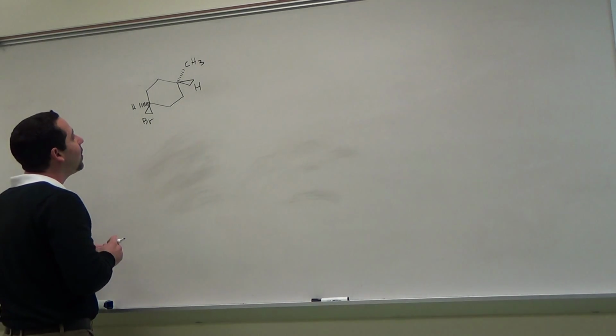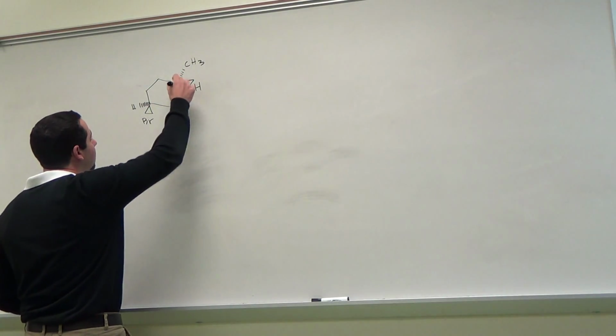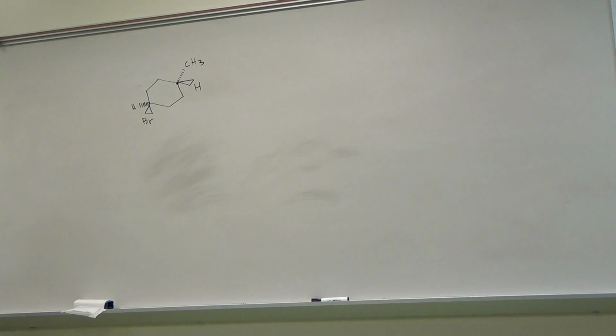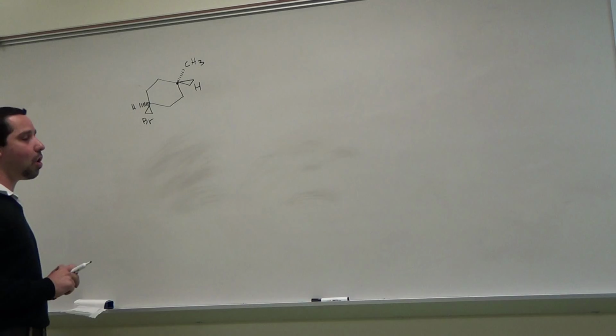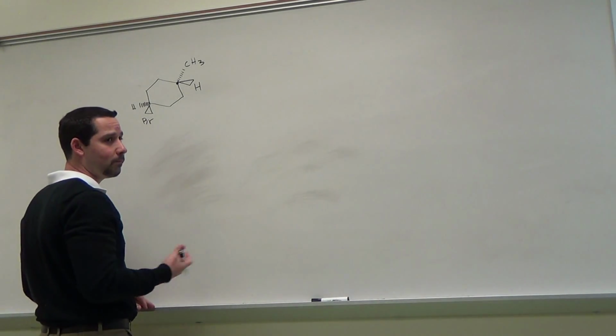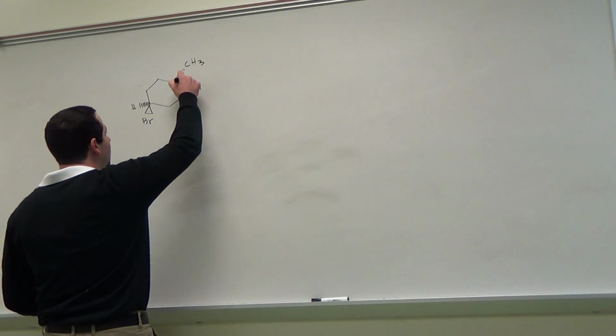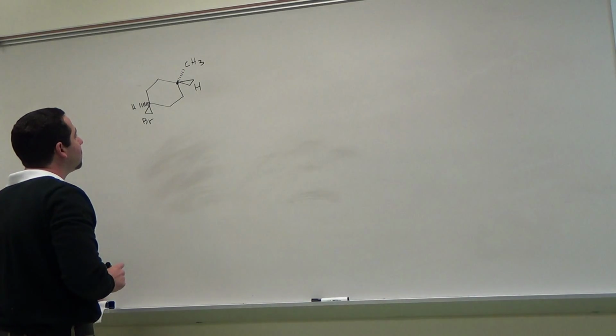Great. All right. So this here is a chiral center because it has 4 different groups on it, yes? And what is this? Is this R or is this S? Just say S or R, okay, if you don't know. So we have to assign priorities, yes?